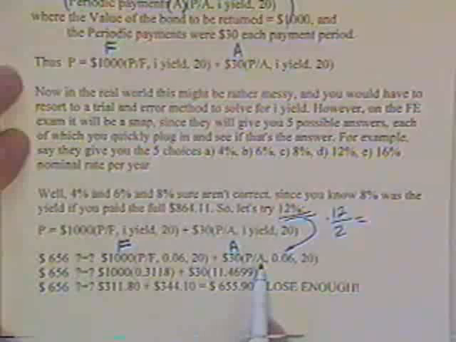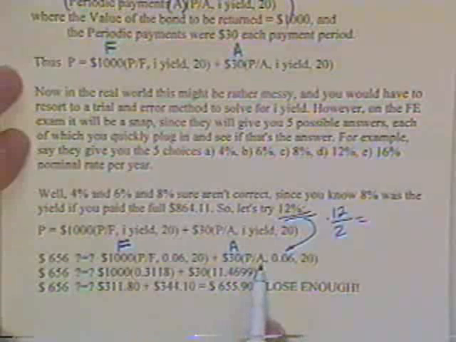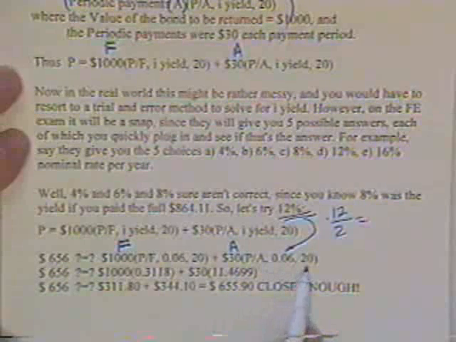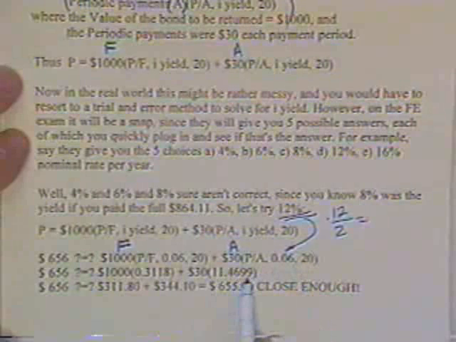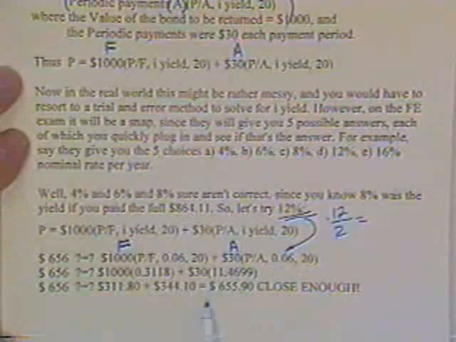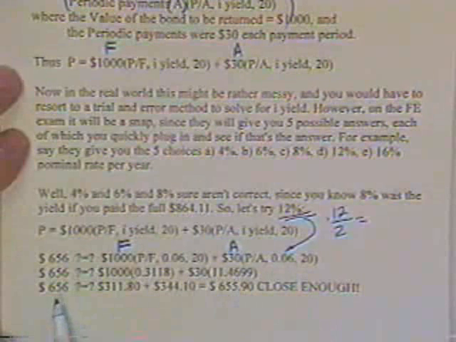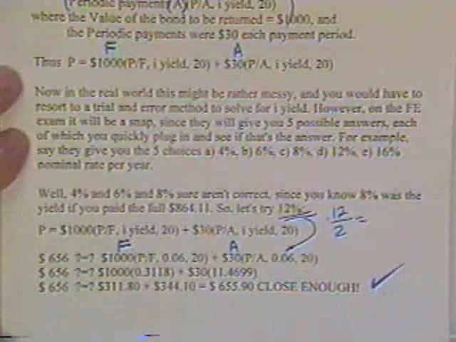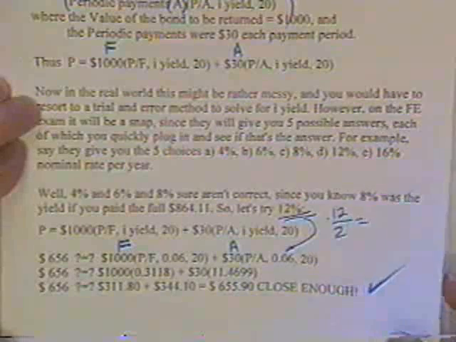You look over the P over annuity or P over annual column, 6% interest, 20 payments, 11.4699. And lo and behold, you add this times this plus this times this, you get $655. That's it. That's the answer. So D is the answer.